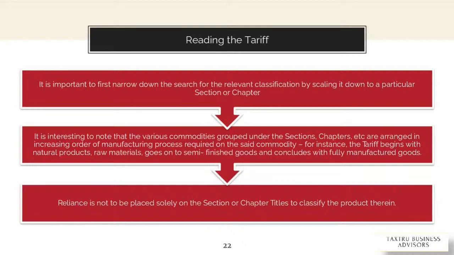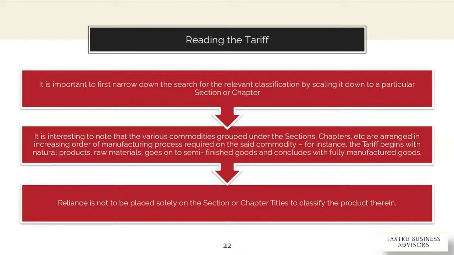So if we're talking about machinery, the heading of machinery will start from the raw material of that machinery and conclude with the fully manufactured goods. Not all the chapters are like that, but most of the chapters are. It starts from the raw material, then semi-finished goods, then concludes with fully manufactured goods.